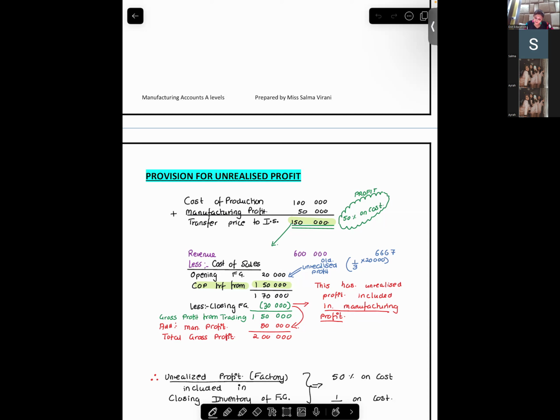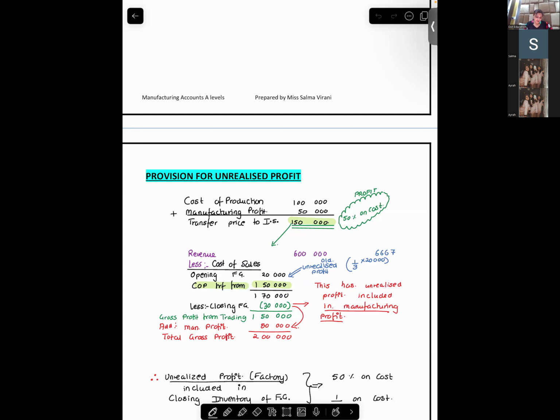I will make the factory profit 100,000. So this becomes 200,000. That means I would say the factory profit is 100% of cost. Factory profit is 100% of the cost. Are you with me?